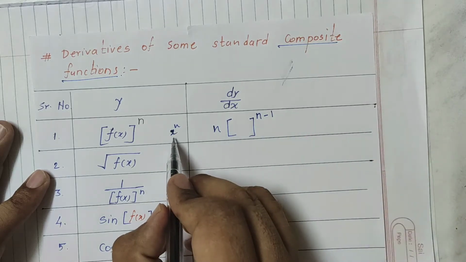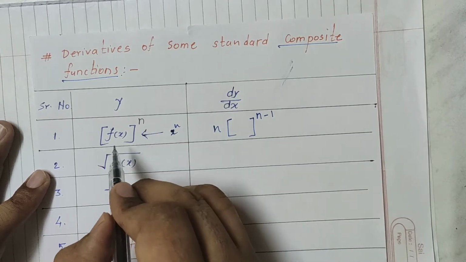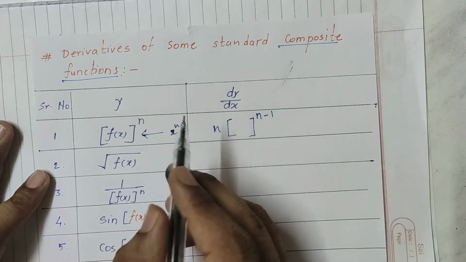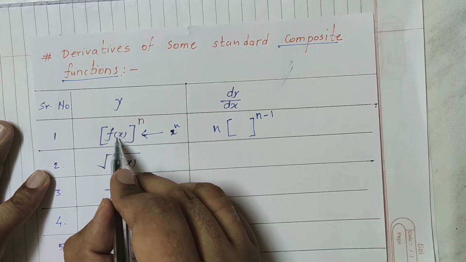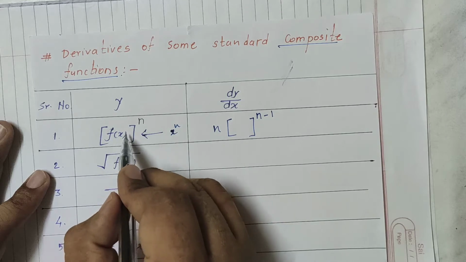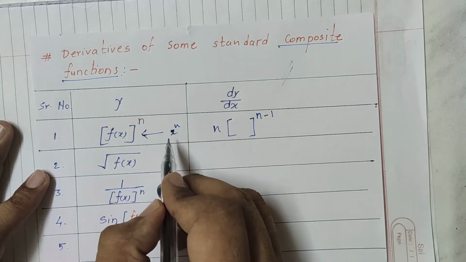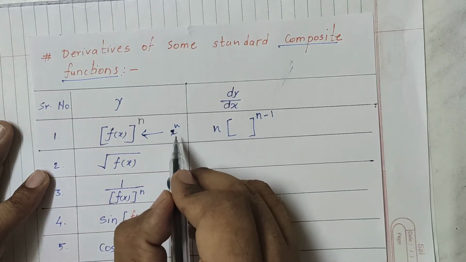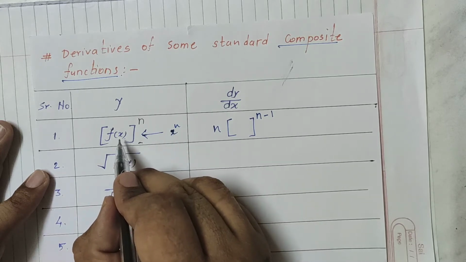But we don't want the derivative of x raised to n itself. We want the derivative of the x raised to n form, but here it is not x, it is f of x, like sin x raised to 4, sin x raised to 10, cot x raised to 5. So we use the x raised to n formula; only the technique differs, and x is replaced by f of x.